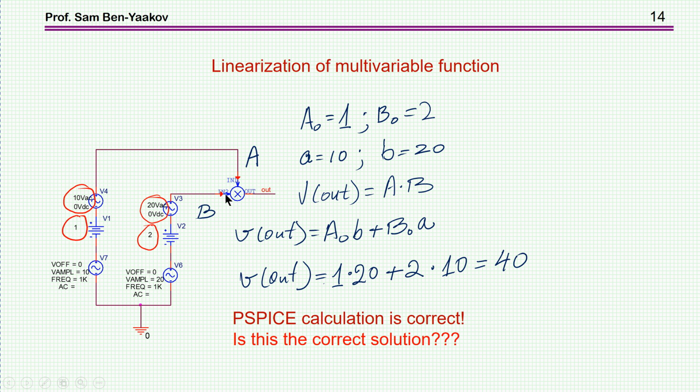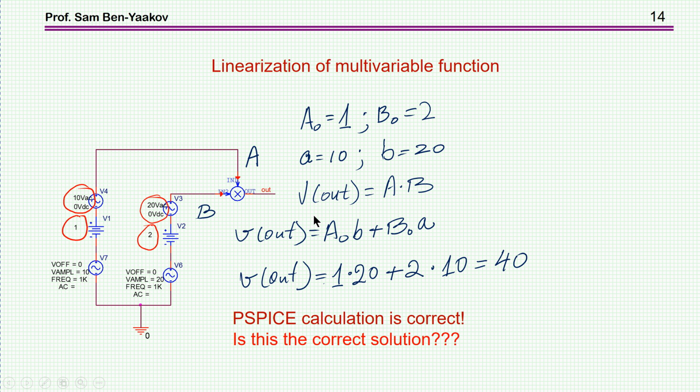Now, the problem that I've posed is indeed this case. Here we have this function. It is a times b. Now, a0 is the DC component, and this is 1 volt. b0, the DC component, is 2 volts. The small signal a is 10 volts. The small signal b is 2 volts.